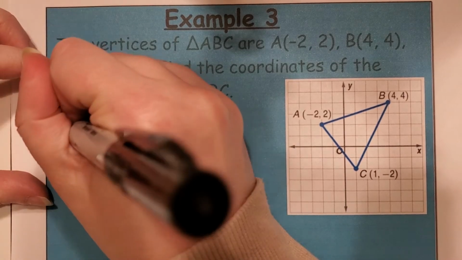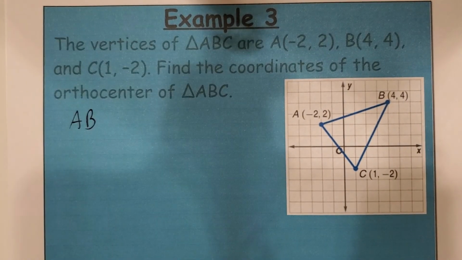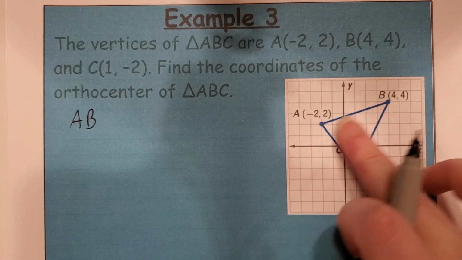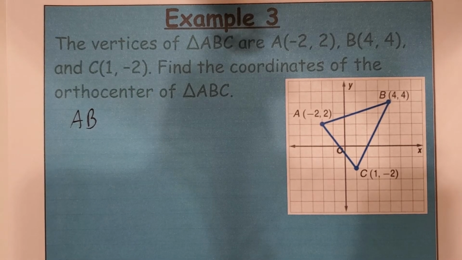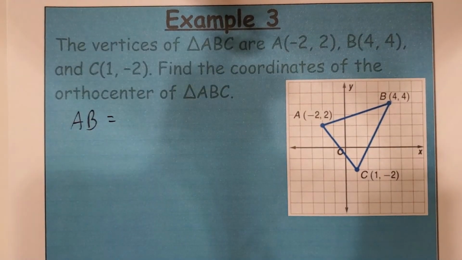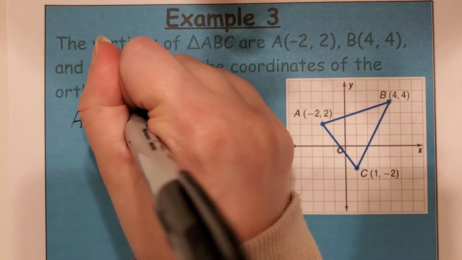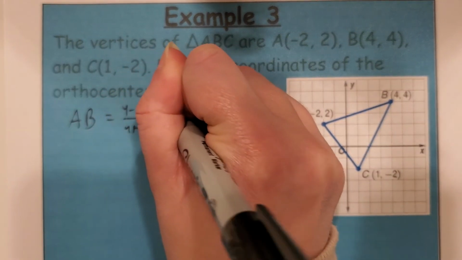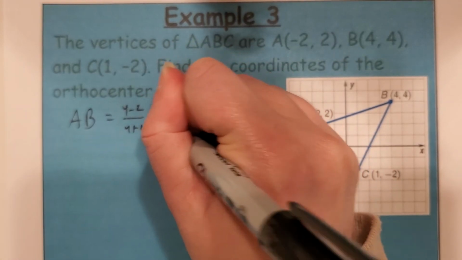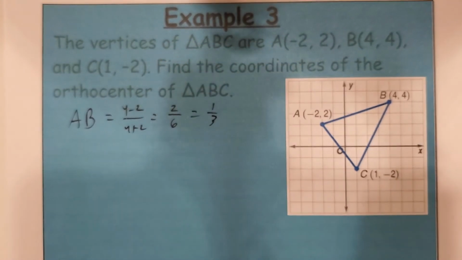So for example, if I deal with AB, I know the altitude that passes through this segment AB has to be perpendicular to it, which means the slope has to be opposite reciprocal. So I'm going to find the slope of AB first. It's 4 minus 2 over 4 plus 2. So it's 2 over 6, which reduces to 1/3.